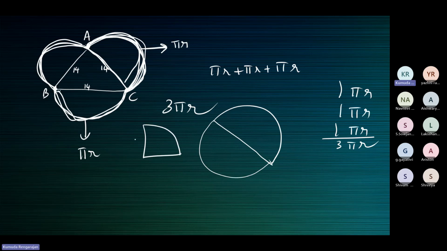The line segments attached to the quadrant are the radii. Semicircle is attached to the diameter. So the diameter of the semicircle is 14. Radius is equal to 14 by 2, 7.